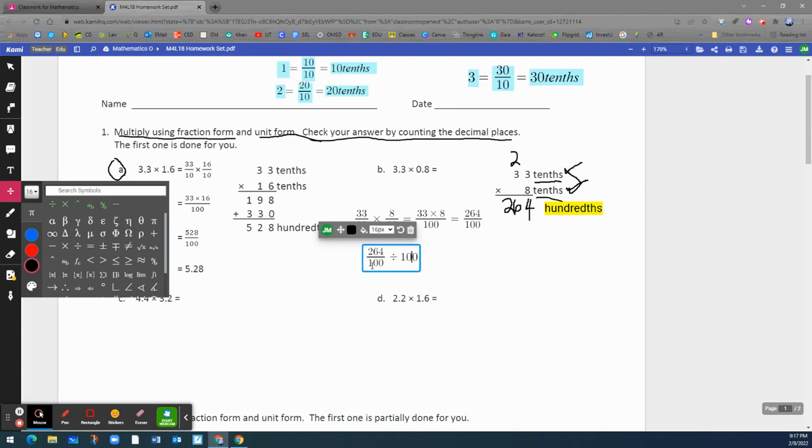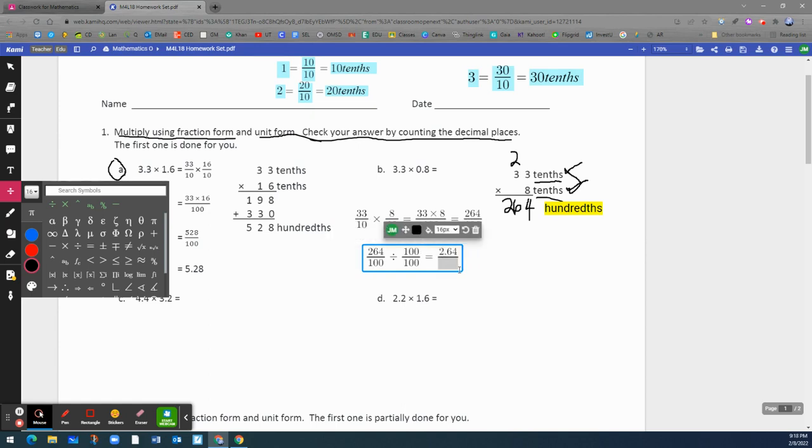When you do this division, 264 divided by 100 equals 2.64.